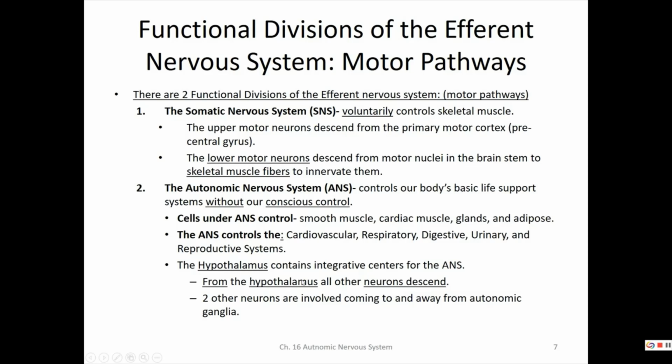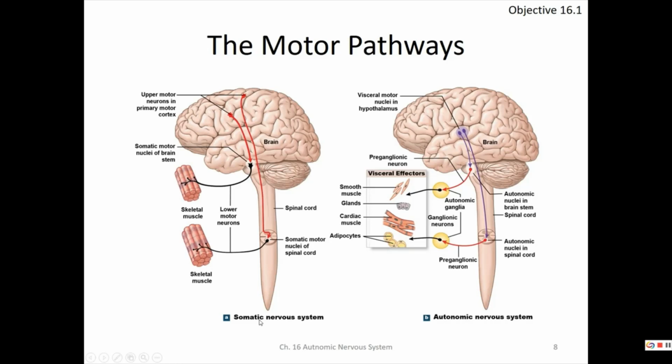So in somatic, there's two neurons, upper and lower motor neuron. In autonomic, there are three. There will be the hypothalamus neuron, then the neuron entering a ganglia, and a neuron leaving a ganglia. Now, remind yourself, a ganglia is nothing more than a collection of neuron cell bodies in the peripheral nervous system.